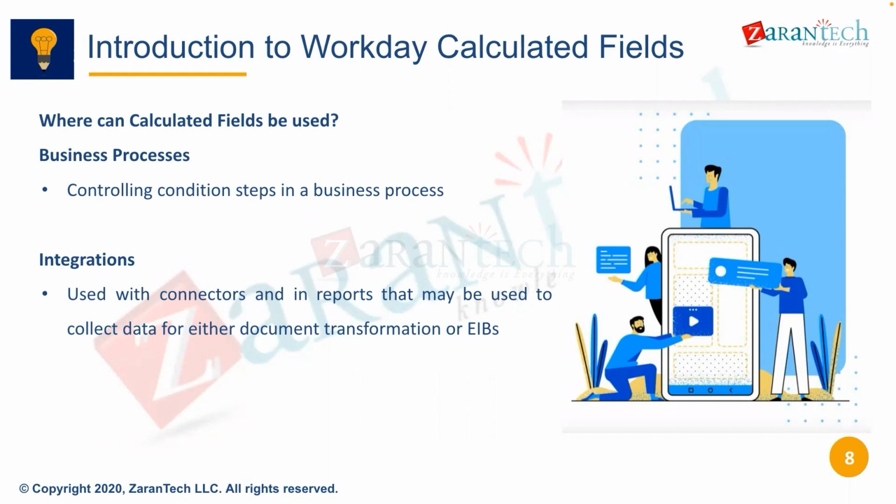So if I want to run an integration which takes in a value based on the last successful integration run, let's say as an example, I can create a calculated field which looks at the last integration run and pulls out that value, and based on that we'll have our integration running and fetching the values.